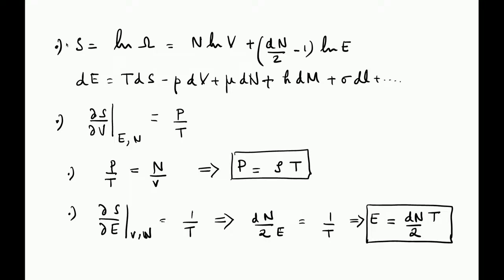For each degree of freedom you have half kT. So, we took rule number 1 and its associated connection to thermodynamics and applied it to the ideal gas from the microscopic picture, and we got the answer we expected. Is that okay? Now, let us do another example.